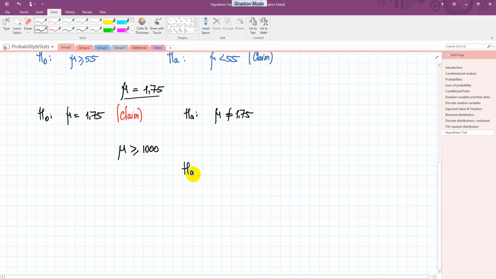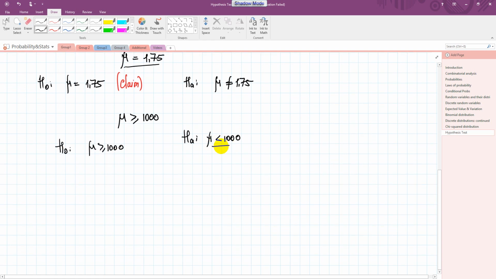Do you remember what the alternative hypothesis was? So mu is less than 1,000 is the alternative hypothesis, and the null hypothesis is mu is more or equal to 1,000. Okay? Now, I need to look at the sign of the alternative hypothesis. If the sign of the alternative hypothesis is less, I'm going to use the left tail test. What does it mean?